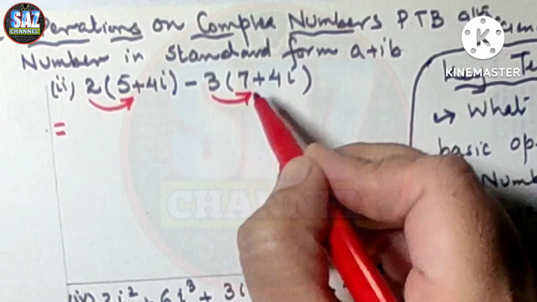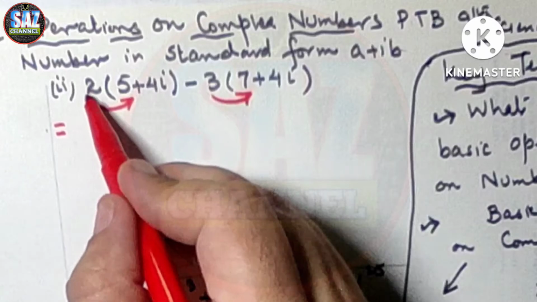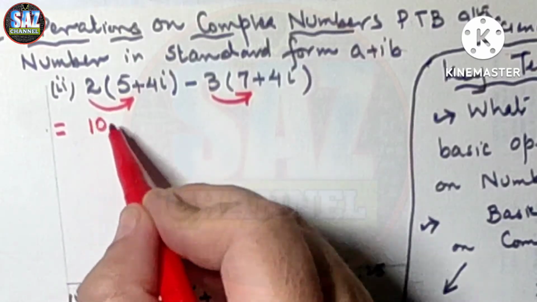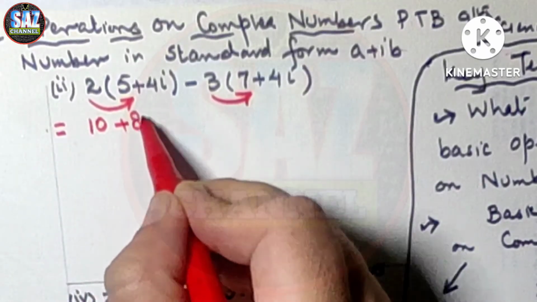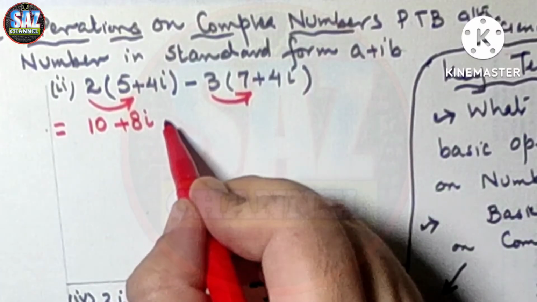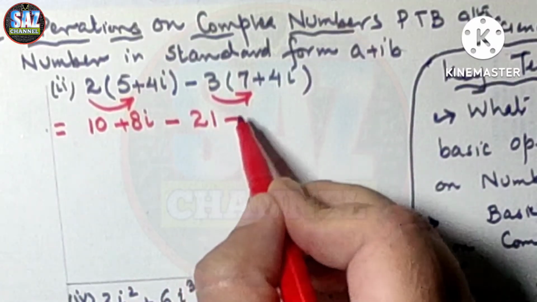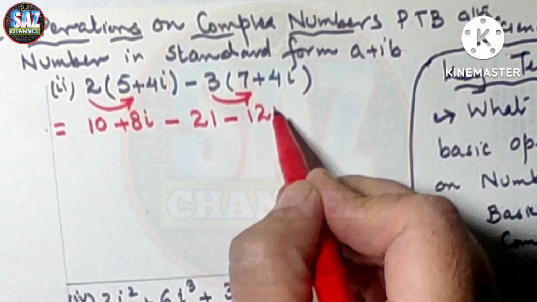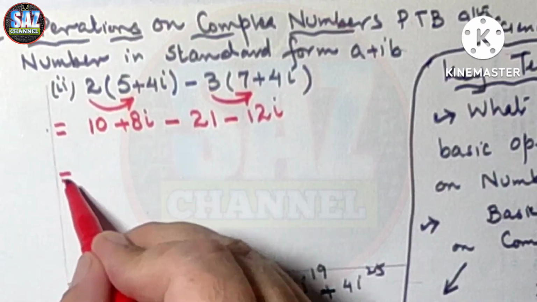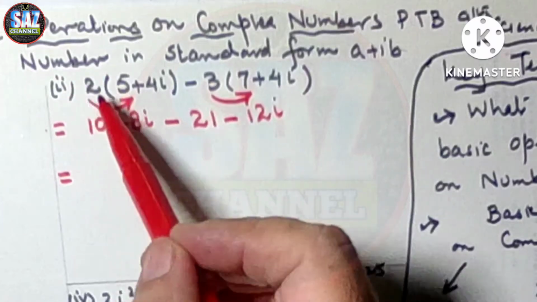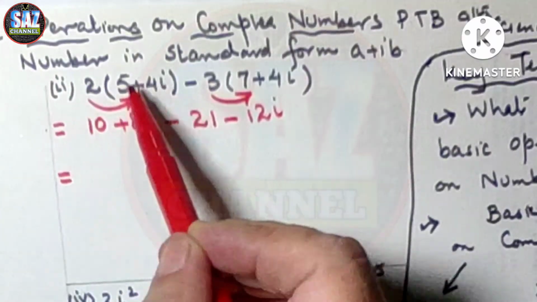Now the question will take the form 2 times 5 is 10 plus 8 iota, and 7 times 3 is 21 minus 3 times 4 is 12 iota. Now we have multiplied the number which is outside the bracket with every term inside the bracket.